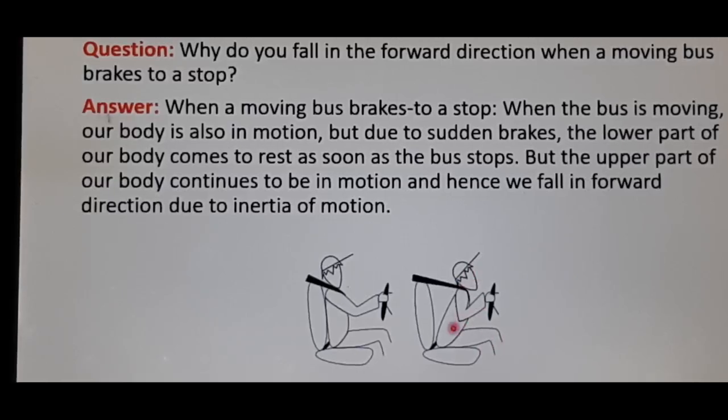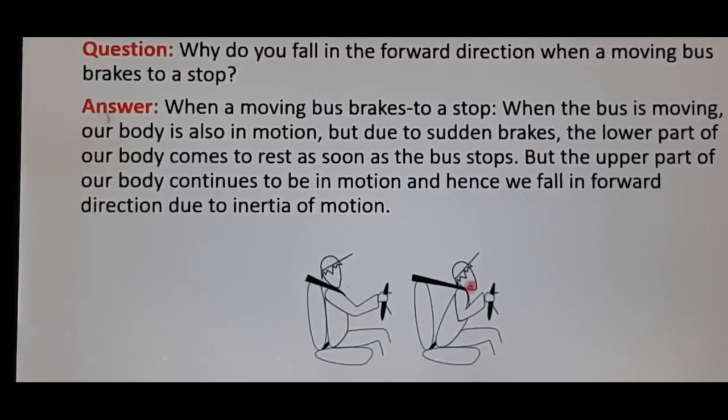Your body tends to be in its state of motion due to inertia of motion, or we can say it tends to move in the forward direction due to inertia of direction also, but your lower body part will come to rest because it is in contact with the bus and the bus is already at rest due to the application of brakes.